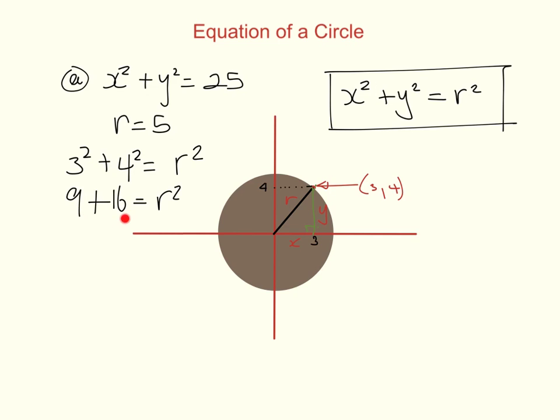You add the 9 and 16 and you get 25 is equal to r squared. So yay, that does work. We can now square root that 25 to find out what r is, and we get the positive value of r is 5. So that shows us that that does work, and that is perfectly fine.